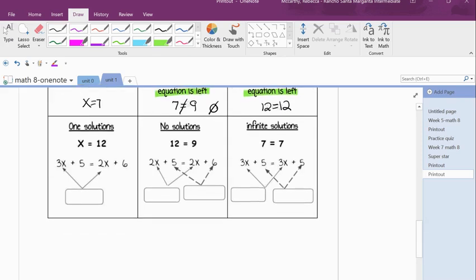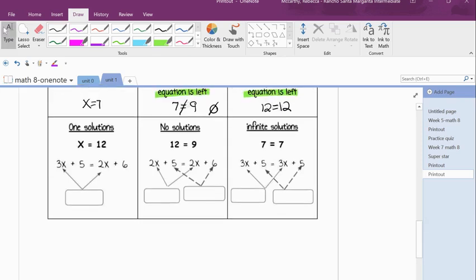Now here, it's kind of like a chart to help you look at things without actually solving it. How do I know if it has one solution? When my coefficients are different, and I want you to write the word different, I will have one solution. When I have no solutions, my coefficients will be the same.